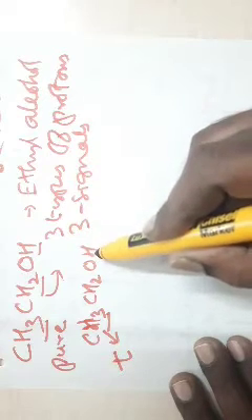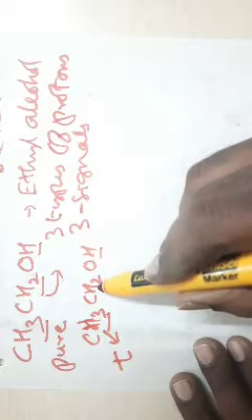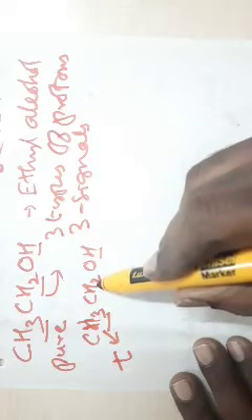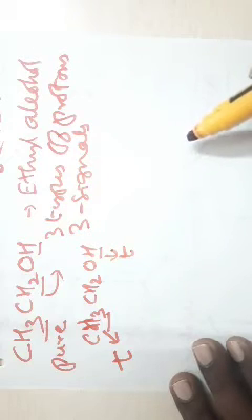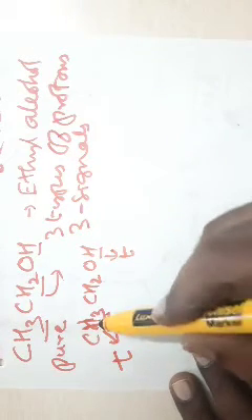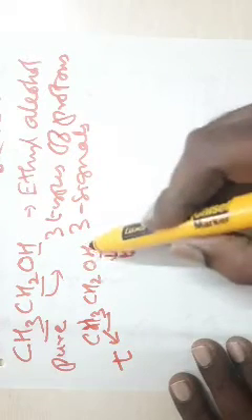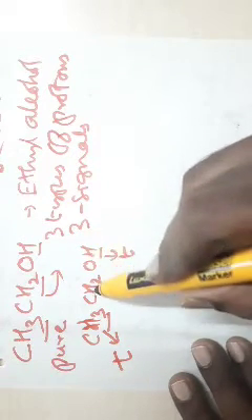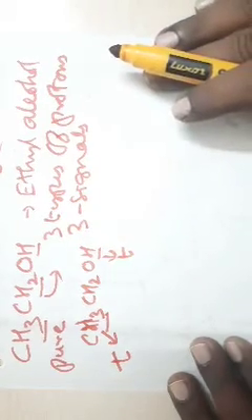The OH proton has 2 neighbors, the methylene protons. So this will also appear as a triplet. The methyl protons will give you a triplet, and the OH proton will also give you a triplet.